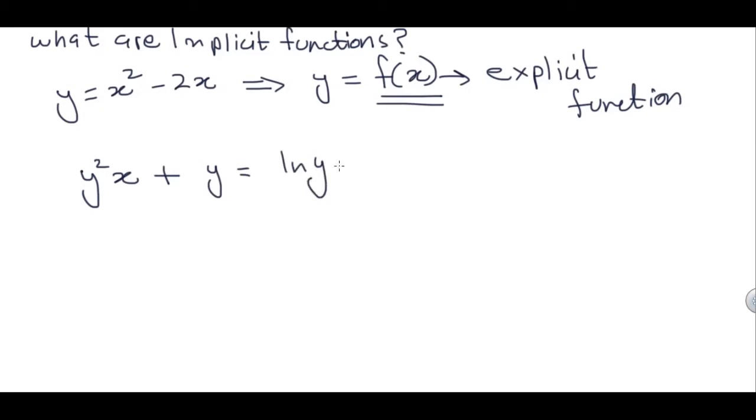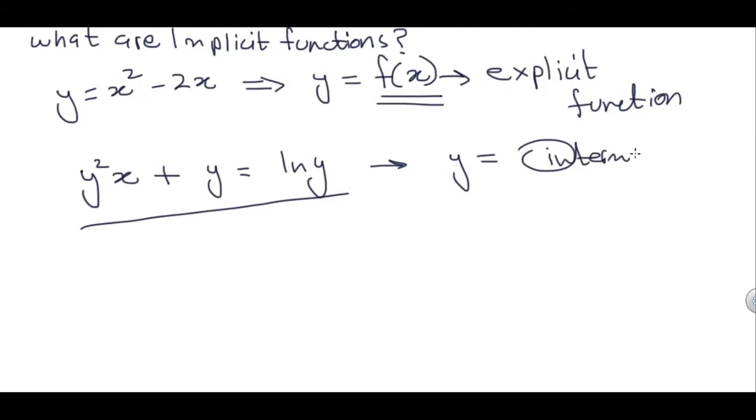The problem with this kind of equation is that we cannot simply simplify this into a shape where y equals something in terms of x. It is not that simple. We cannot separate y from x, and this equation is most likely going to remain in this form.